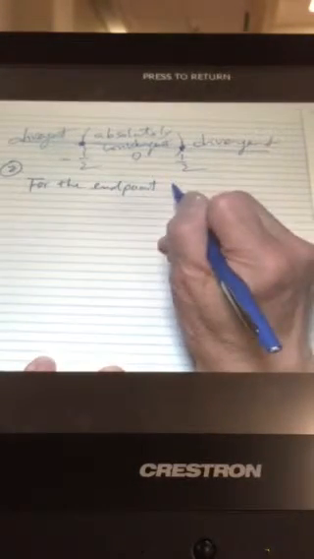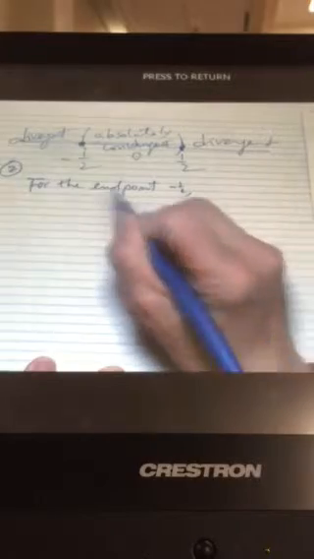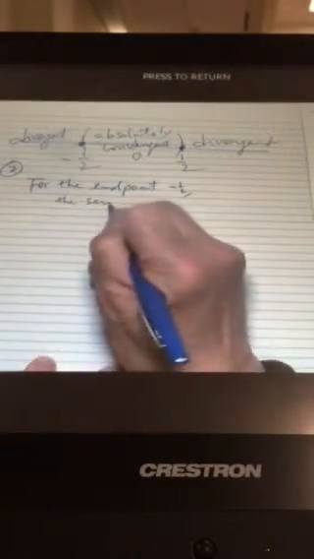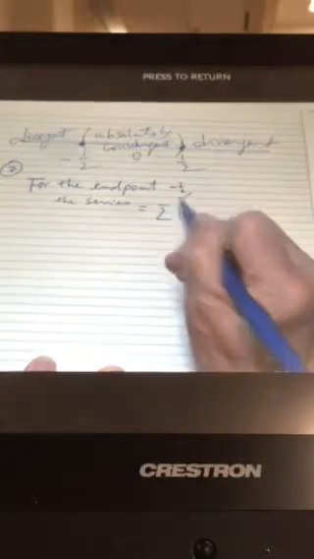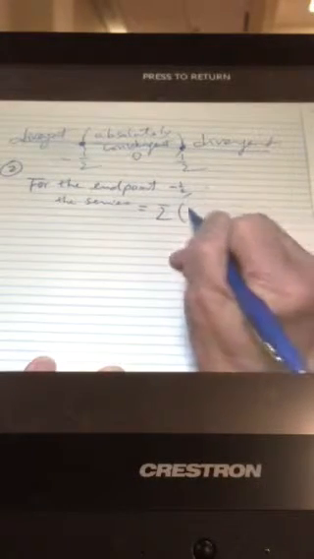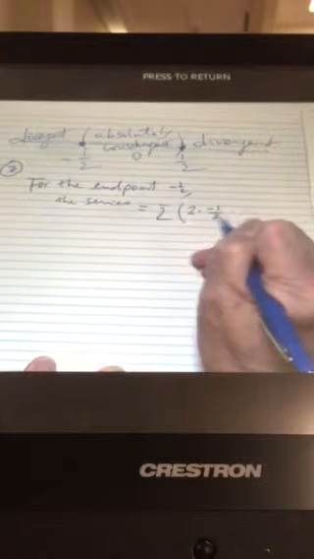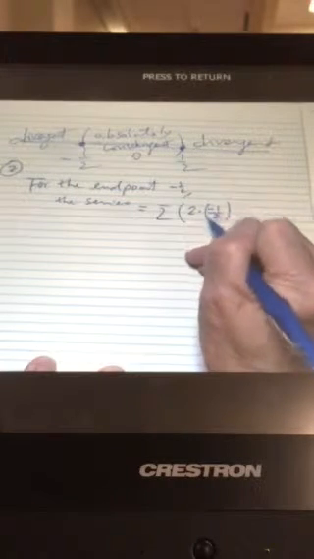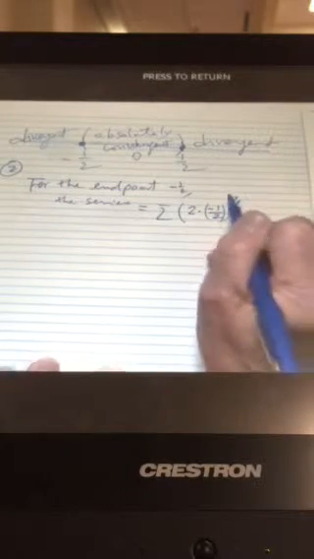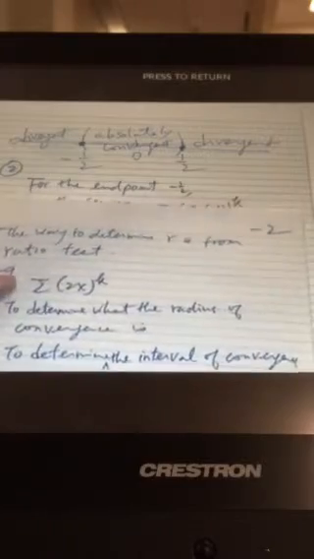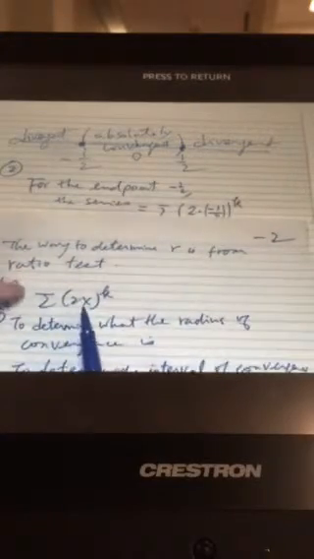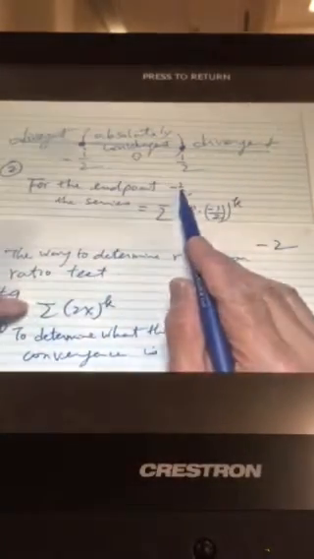So for the end point minus 1/2, the series becomes what? You have to substitute x by this. 2x to the k, now the x is negative 1/2.